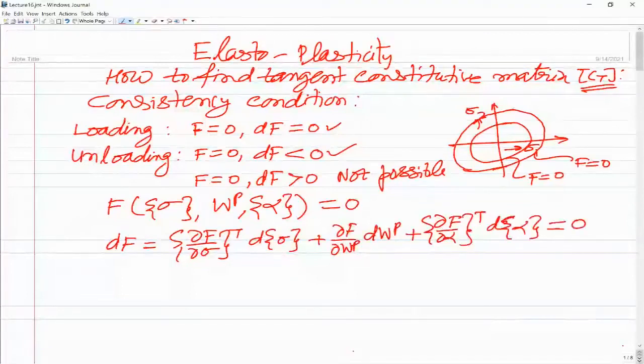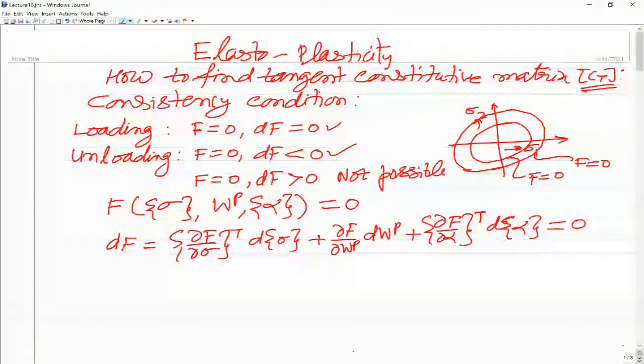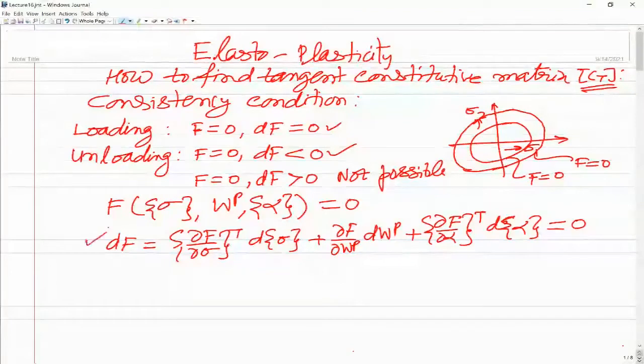So we will be making use of this condition to find out the lambda, and then we will put in the incremental stress strain relation to get CT.